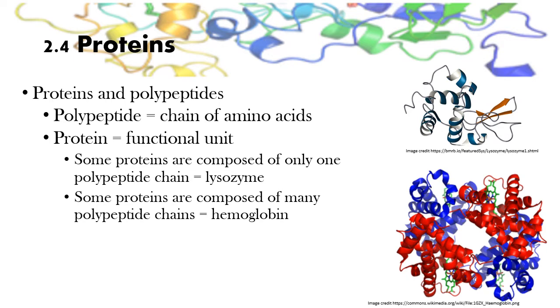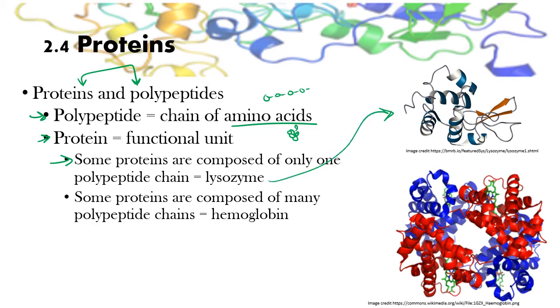So protein versus polypeptide. Sometimes we use these words fairly interchangeably, but generally the better differentiation between the two is that a polypeptide is just a chain of amino acids, whereas the protein is actually doing a job. So polypeptide is just going to be amino acid, amino acid, amino acid, amino acid. That protein is going to be, now we've folded it up into some structure and it can do its job. Some of our proteins are composed of only one polypeptide chain, like this enzyme, lysozyme.